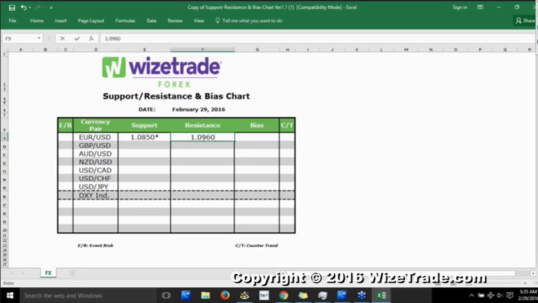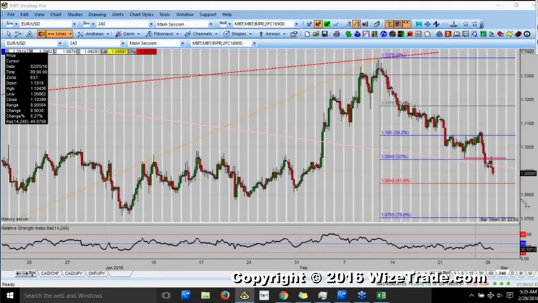Okay, so the thing is if it gets back above 109.60 and you're not long, then you've already missed the turn, and that's the way I'm looking at it. If it goes to 109.60 to 110 and I'm not long, then I've already missed out. That would be my 2 cents.